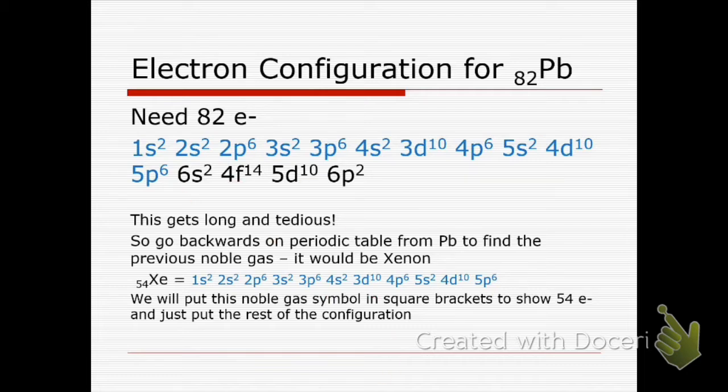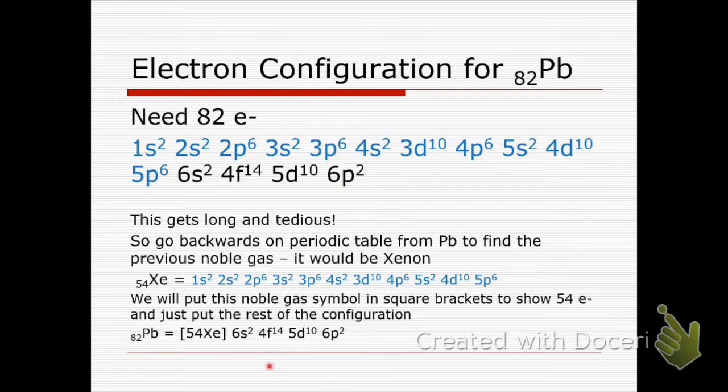I am showing its atomic number there simply to remind you that you already have accounted for 54 electrons. And then we are ending with the 6s2, 4f14, 5d10, 6p2.